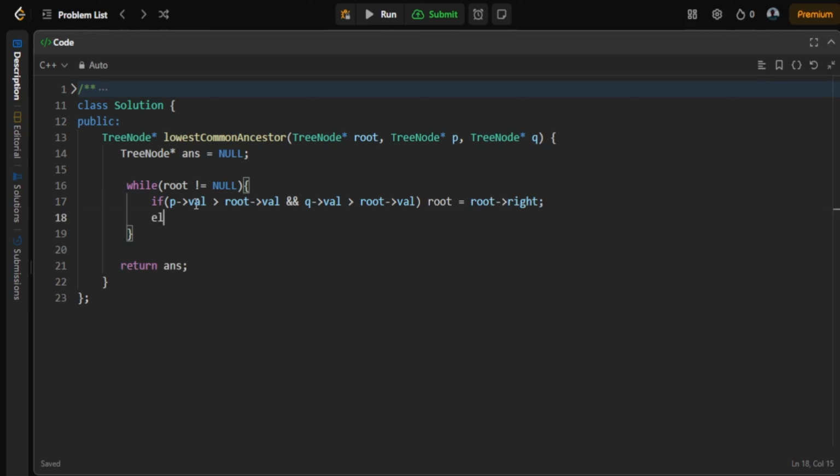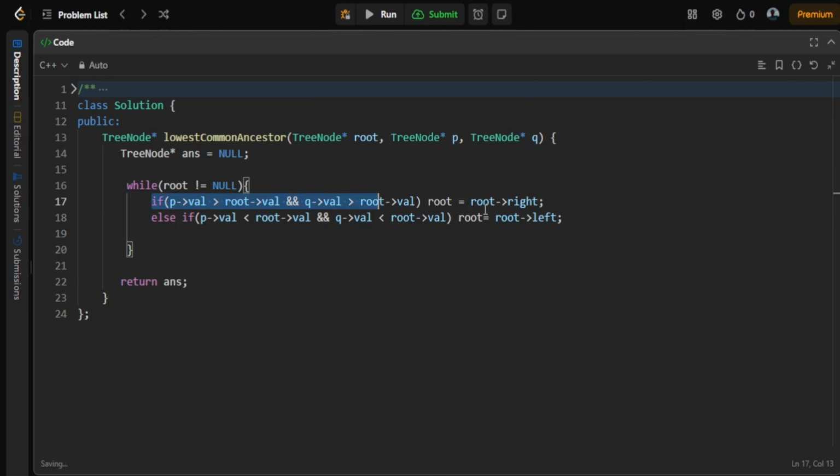Else if the value of p is lesser than my root value, and the value of q is also lesser than my root value, it means that I need to go to the left part. So here I'll write root is equal to root left.